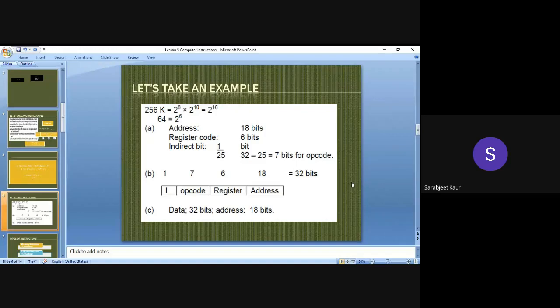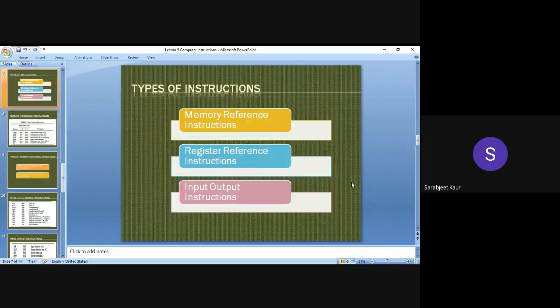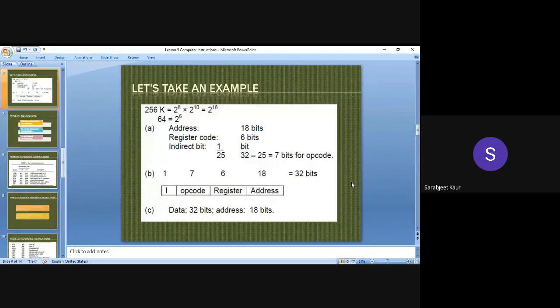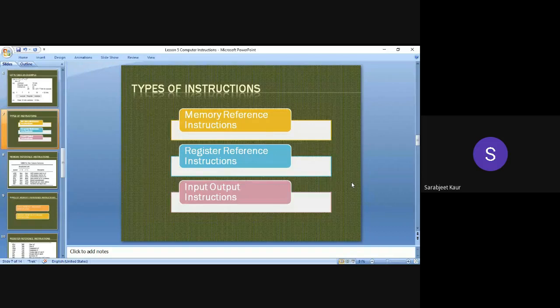You can use this as a ready reference. Now I'm coming down to the next concept, which is the different types of instructions. I'll be taking up this concept in the next class.